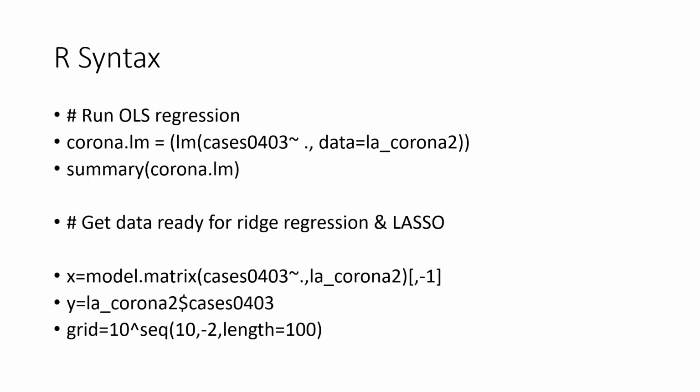And here is just the R syntax for the potential impacts of pre-existing social demographic conditions on the number of confirmed coronavirus cases in Louisiana. And as you saw from the table for Louisiana in the prior slide, I used county level data.